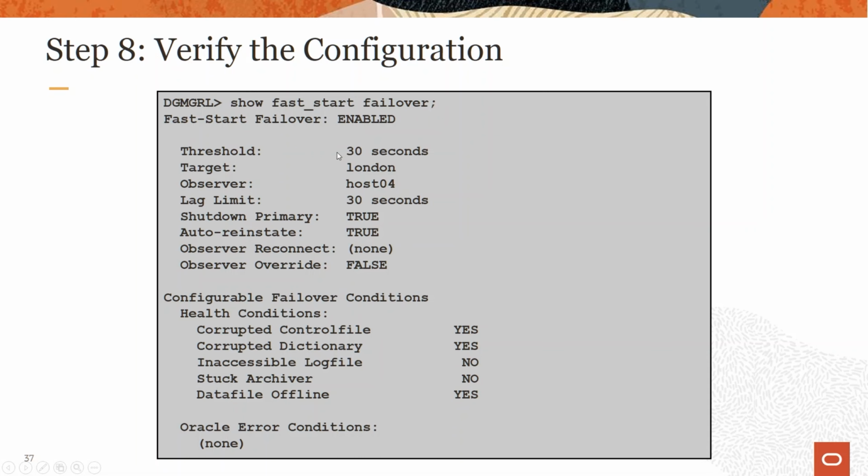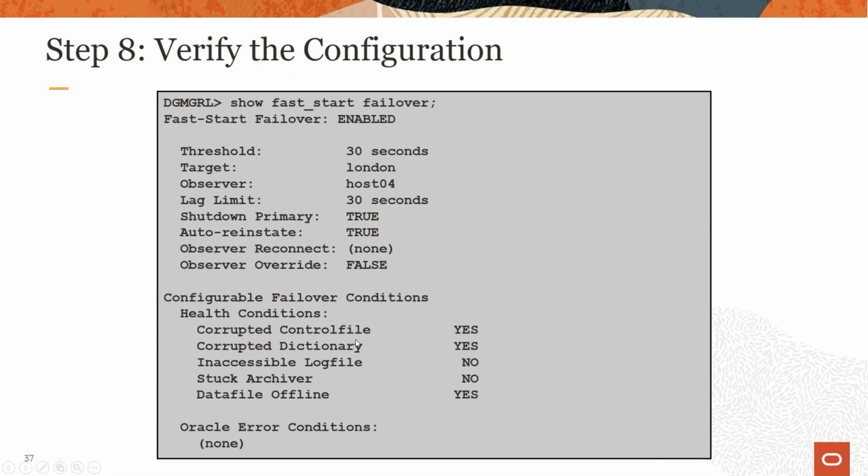In addition to the time-based threshold, you can also add a health condition to initiate fast start failover. So if you have a corrupted control file, don't wait, just fast start failover. If there is a dictionary problem, don't wait, fast start failover. But in your environment, you may have a different idea.